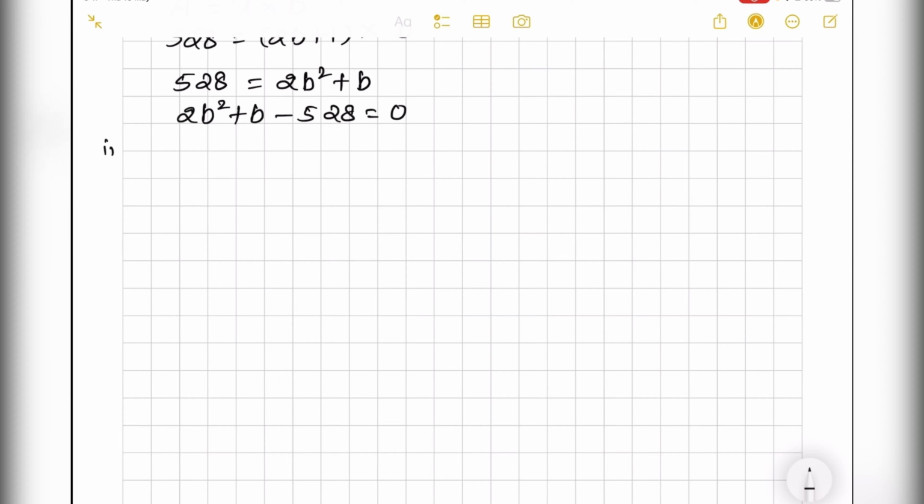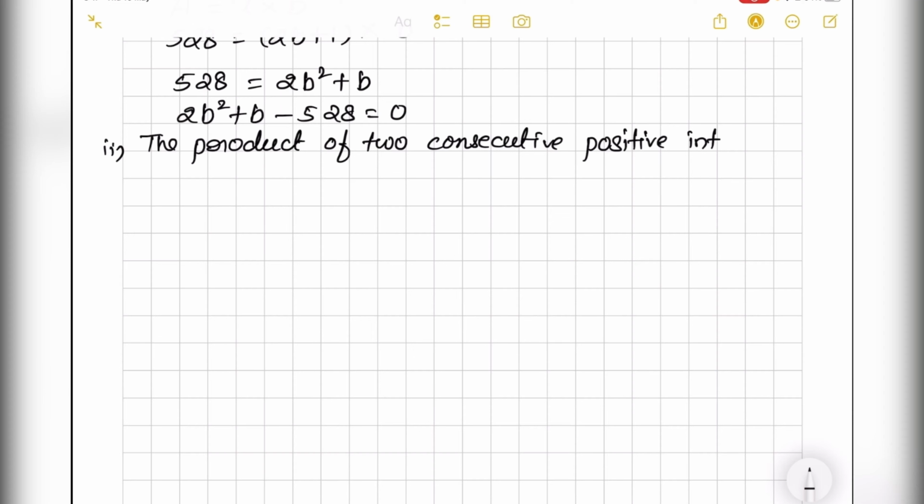Second, he is saying the product of two consecutive positive integers is 306. We need to find the integers.